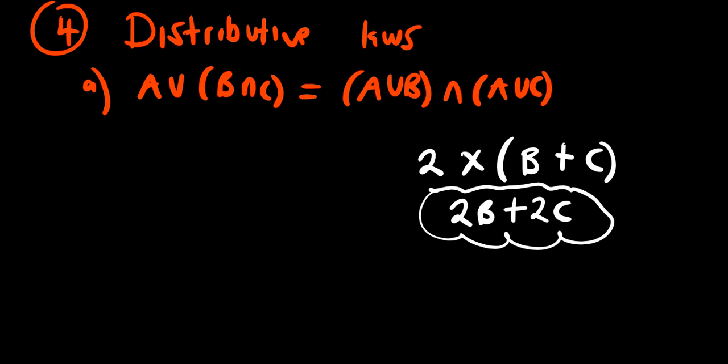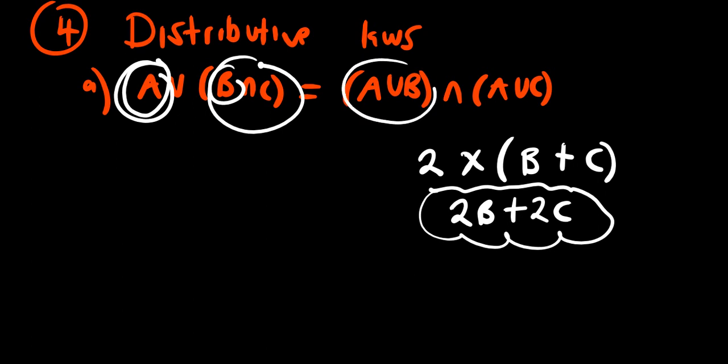So just assume that it is a 2 and it's multiplying with B and C that is in the bracket. When you do the multiplication, you're going to realize that the A, the one that you're multiplying, when it multiplies with the B, that's why you're getting this expression. Then the same A, when it multiplies with the C, you're getting the other expression.